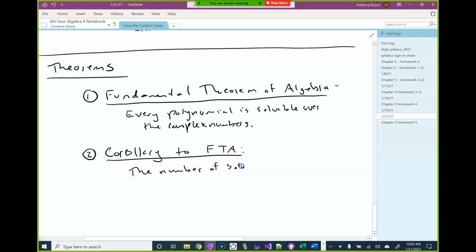So the corollary says the number of solutions to a polynomial equation is equal to the degree of the polynomial, provided that you're counting the imaginary solutions and the multiplicities. Now, this word multiplicity is probably not one that we've heard before.